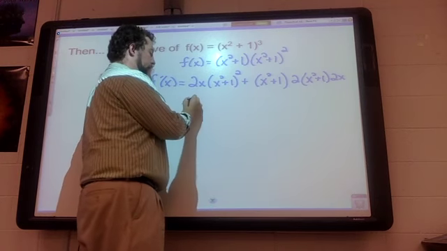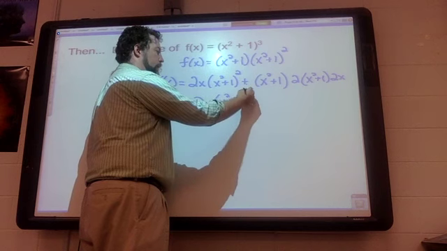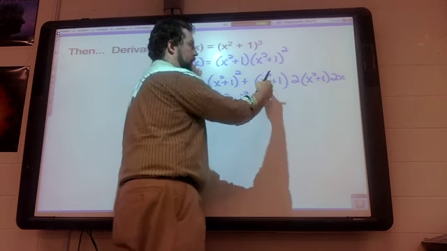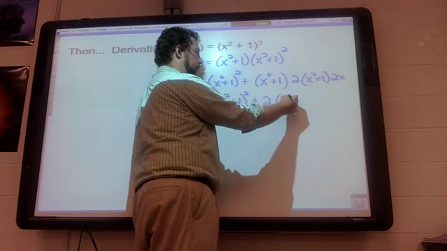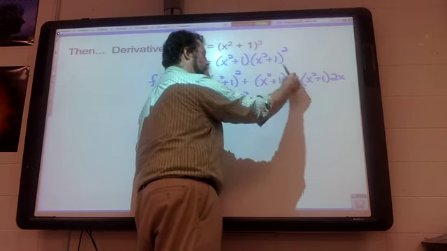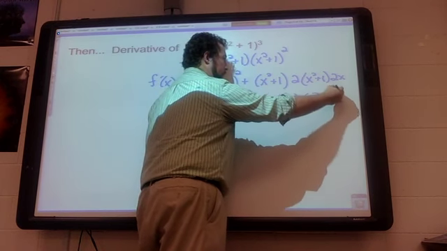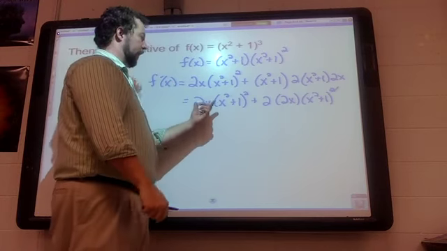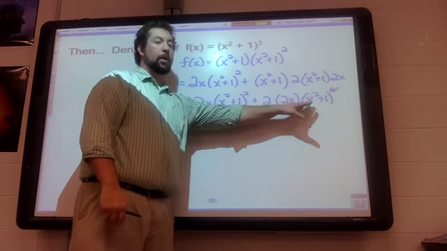This one is secretly, let me rewrite this, 2 times 2x. I just move the 2 up front, the 2x next to it. And I've got 2 of these, so that's x squared plus 1 squared. So I've got one of these, 2x times x squared plus 1 squared, and I've got 2 of them there.